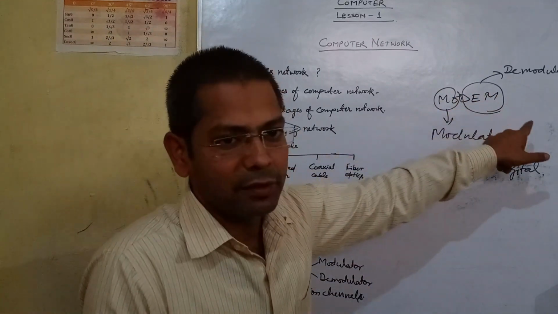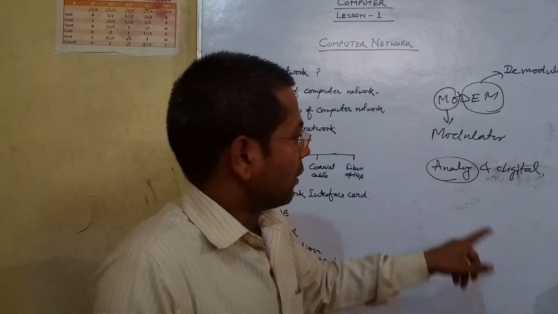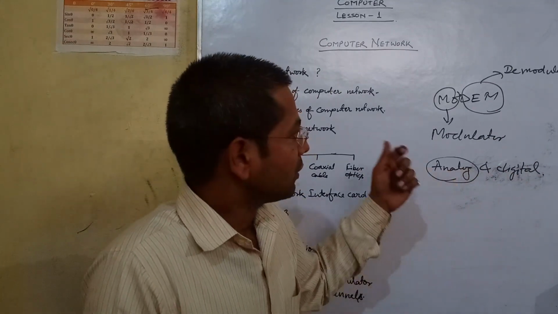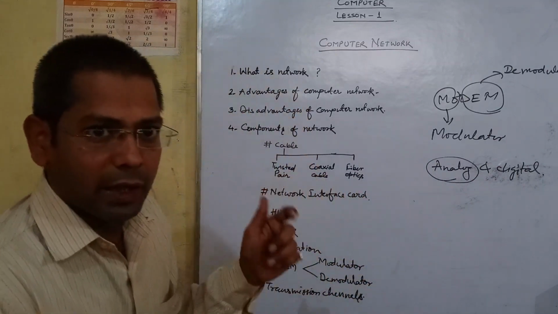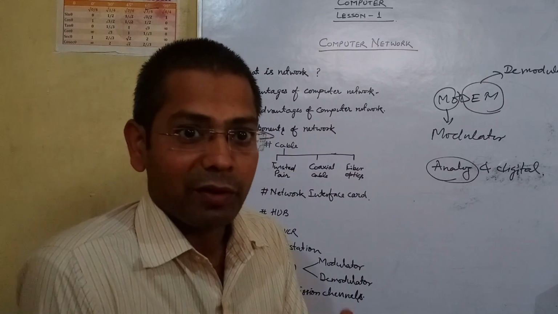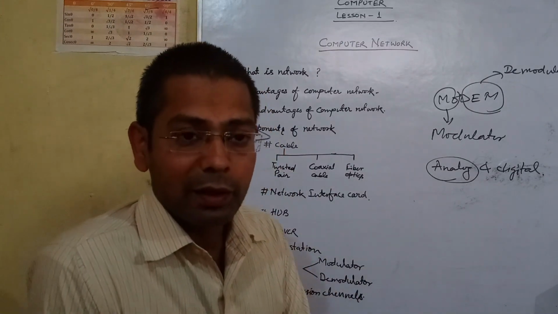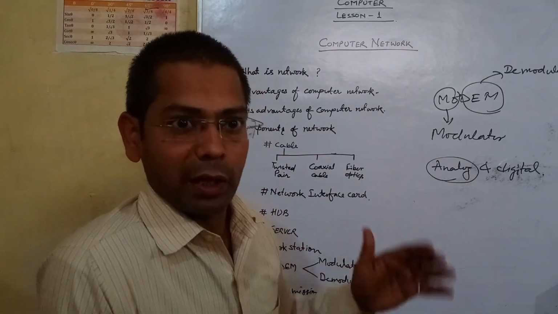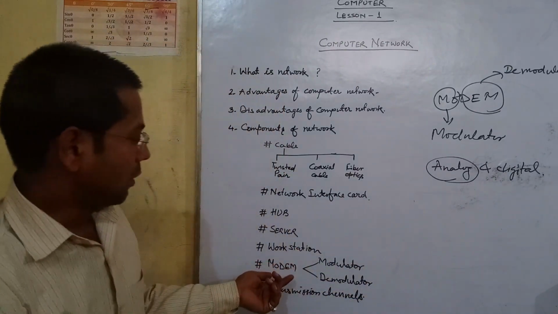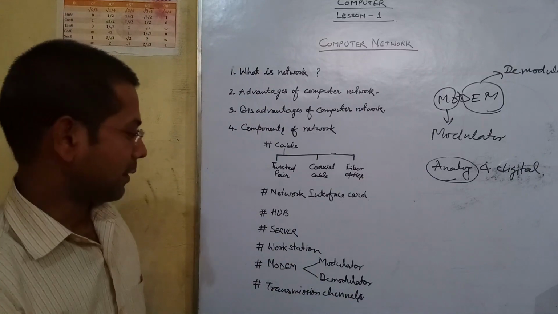Means modem changes the state of the data from analog to digital and digital to analog. The transferring of data from analog to digital is modulation, whereas converting the digital data to analog is called demodulation. It is the actual function of modem, modulator, demodulator.